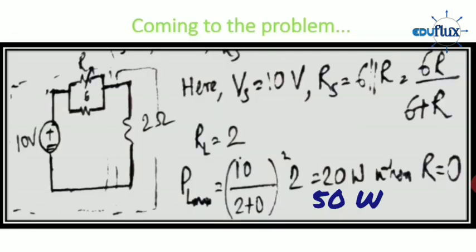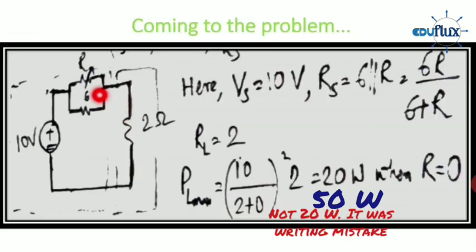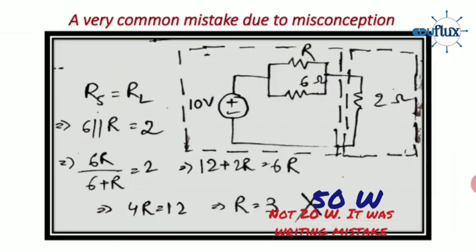So blindly, without looking at the circuit conditions and the premise, they try to apply Rs equal to RL. In this case, Rs is 6R by 6 plus R, and they simply equate this source resistance to the load resistance, and as a result, they wrongly obtain R as 3 ohm.